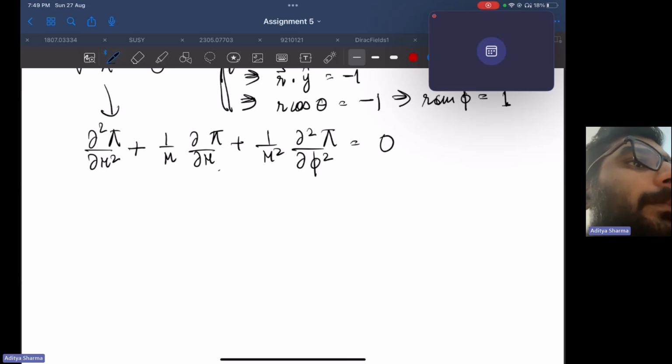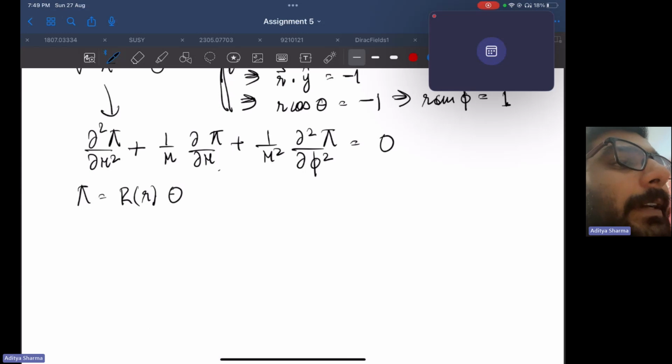I'm writing this equation directly. Now you are going to do the separation of variables, r of r and phi of phi.